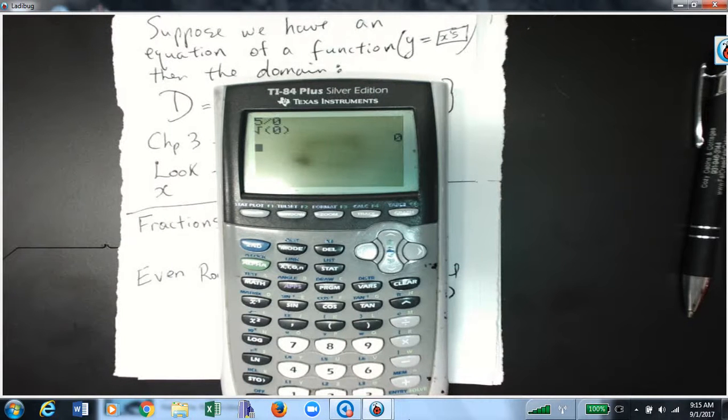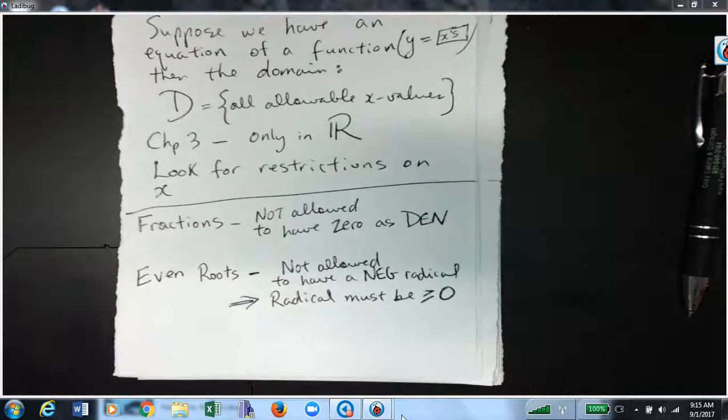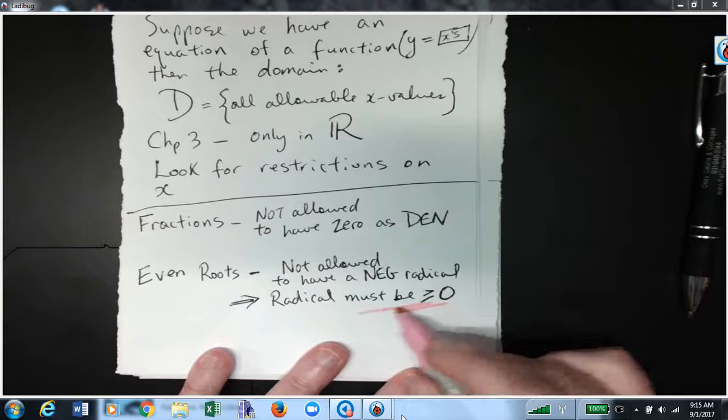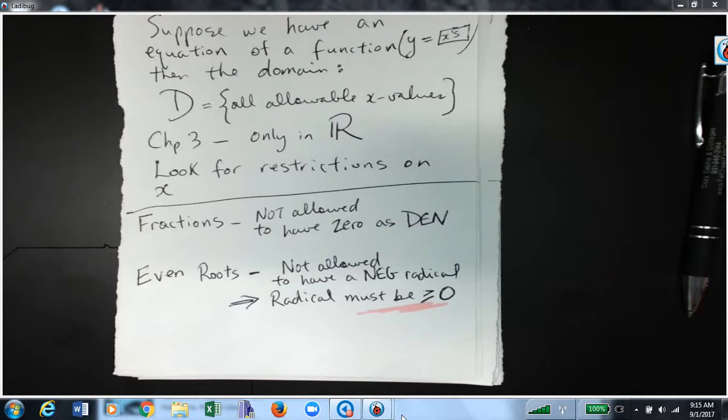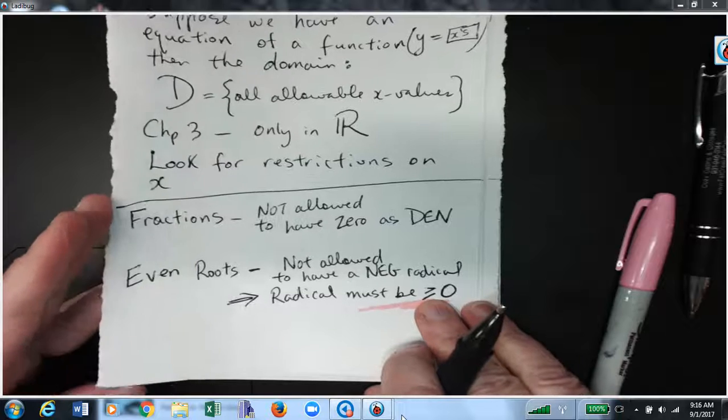The square root of 0 is 0, okay? And 0 is not a positive or a negative number. That is so important, I'm even going to underline it in a different color. Must be greater than or equal to 0. Okay, so let's look at a couple of examples.